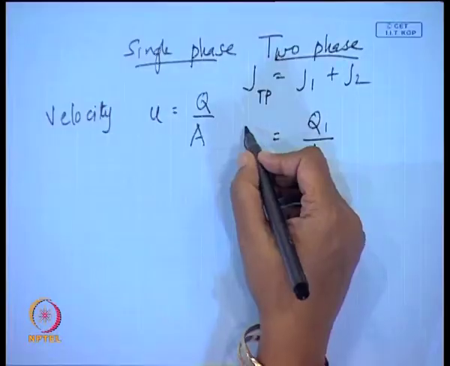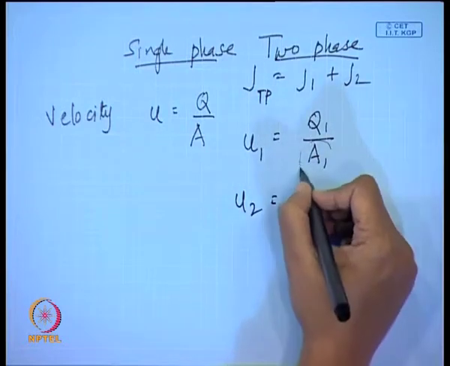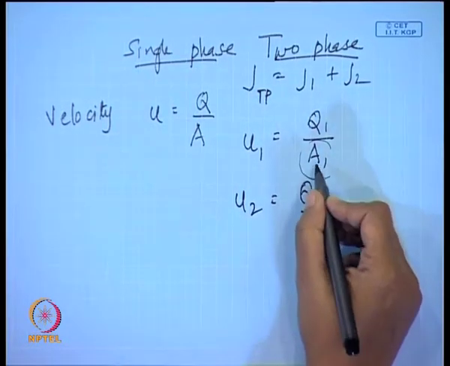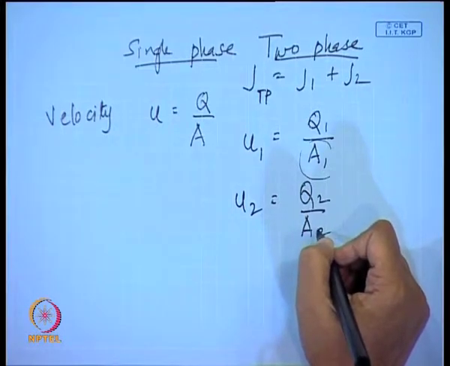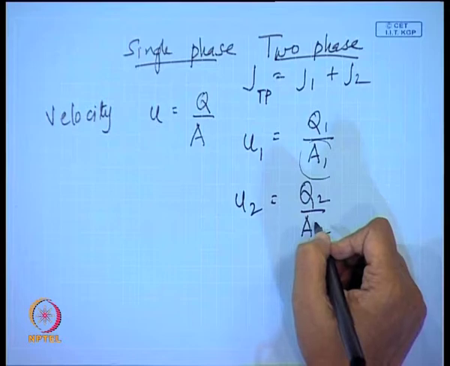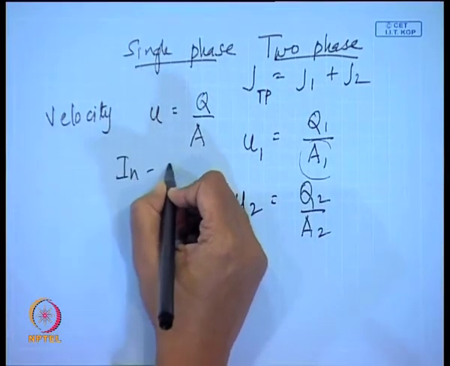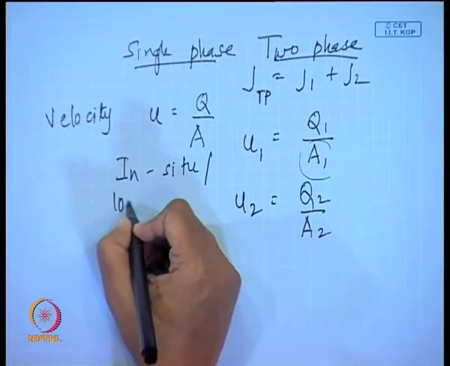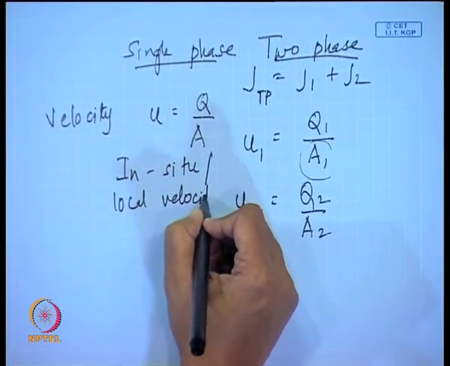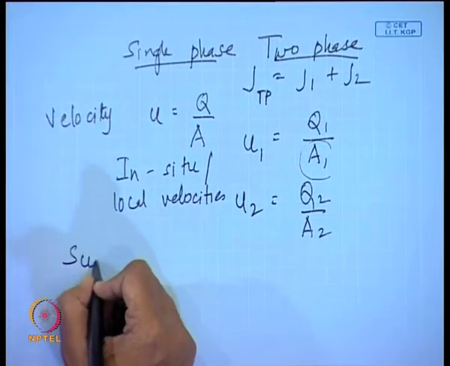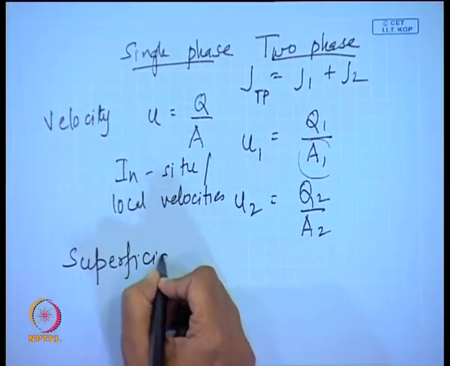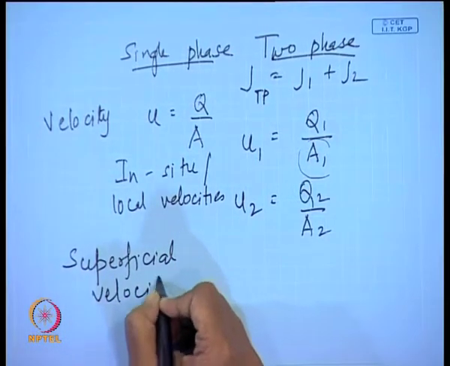So, therefore, apart from these local velocities u1 and u2, the velocities which happen inside the pipe depending upon how much of the area has been occupied, which are known as the in situ or the local velocities, we define something known as the superficial velocity, which again is a measurable parameter.